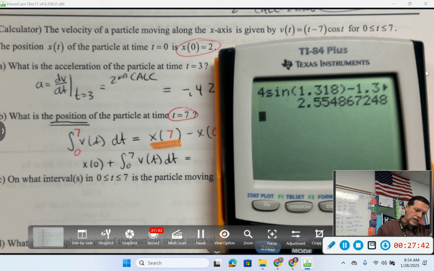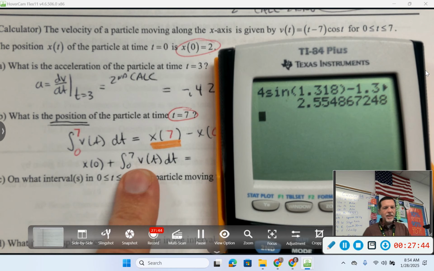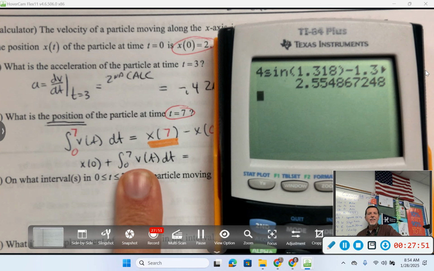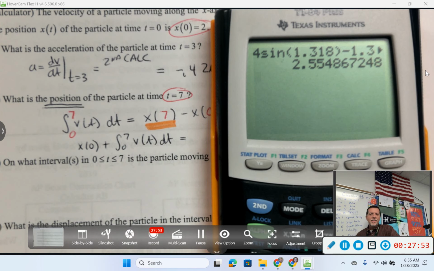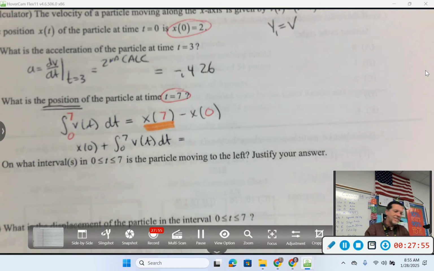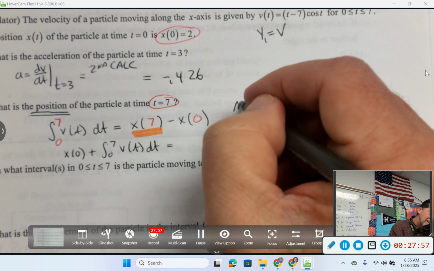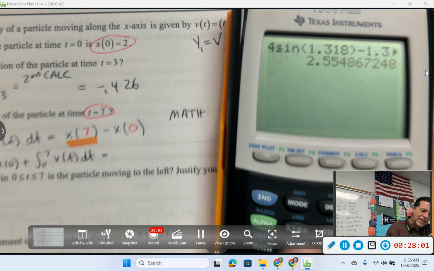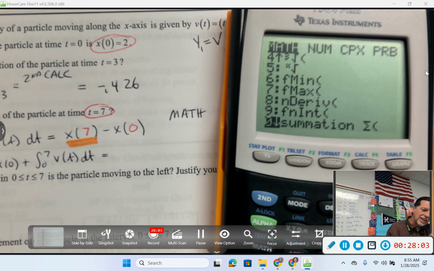So let's see. Do you remember how to find the antiderivative in the calculator? Math. Then, let's see, I think it's 9.